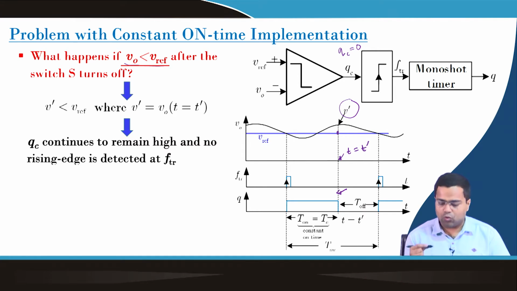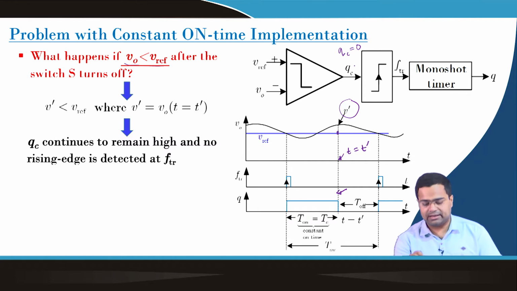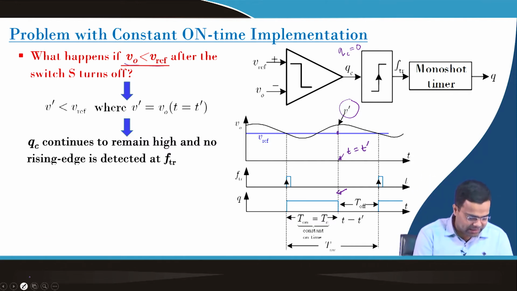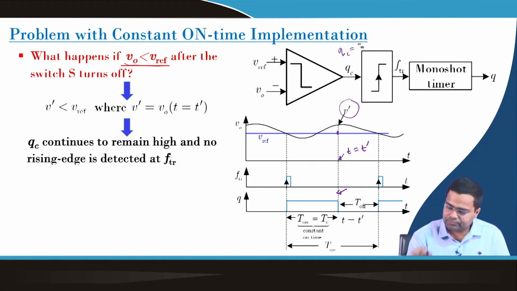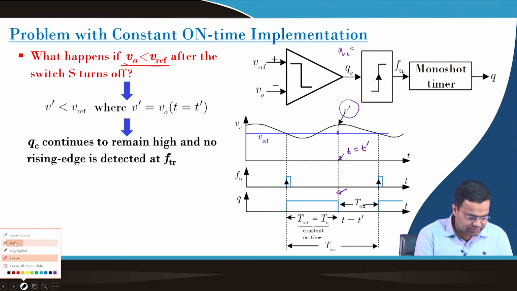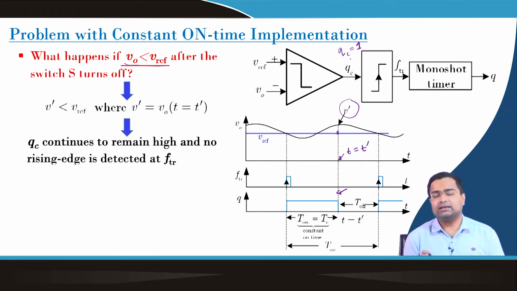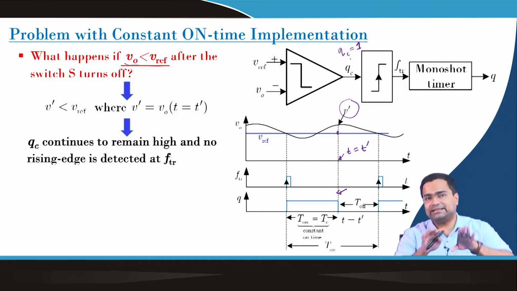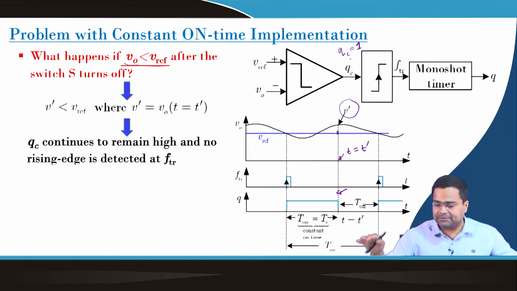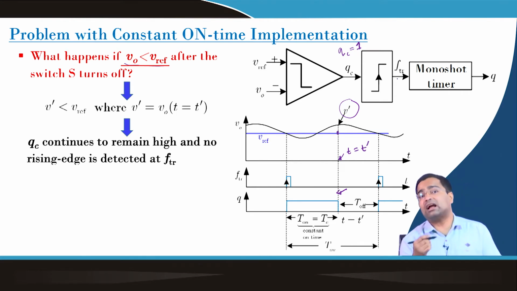Sorry, it should be high, because here the output voltage is lower than the reference voltage. But since there are no edges, it remains high, and the edge detection circuit cannot identify an edge.